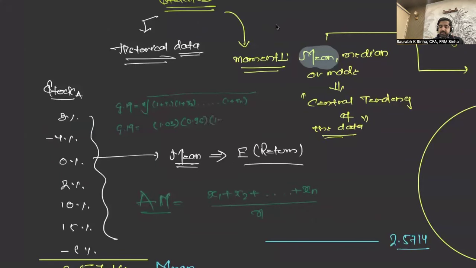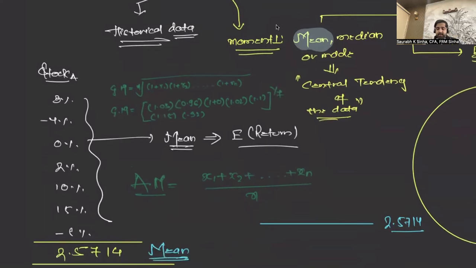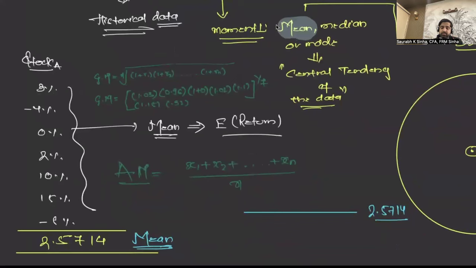Then 1 plus 0 is 1, then 1.02, then 1.1, then 1.15, and then 0.92. After multiplication, you take 1 upon 7 because the number of entities that you have is 1, 2, 3, 4, 5, 6, 7. And that gives you the geometric mean.